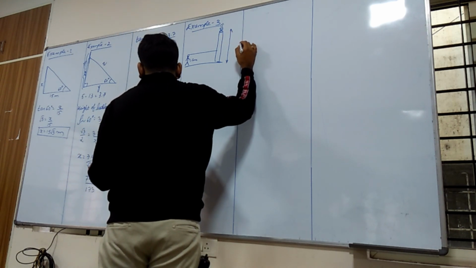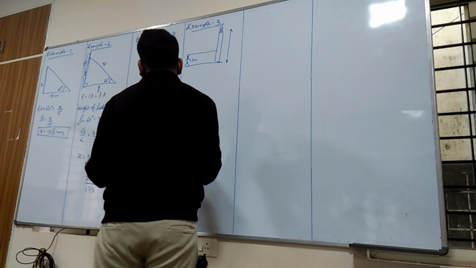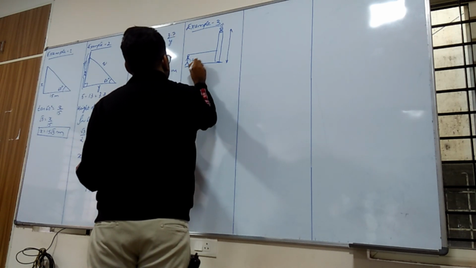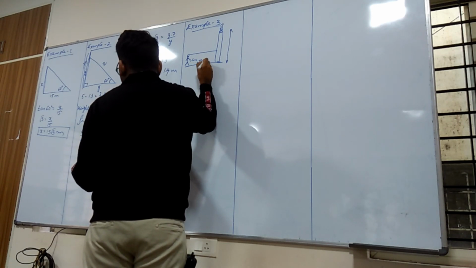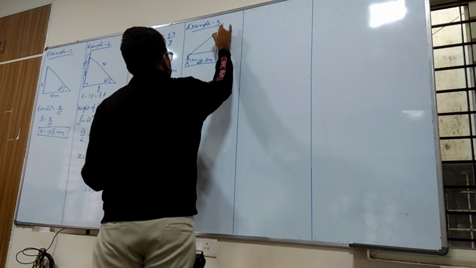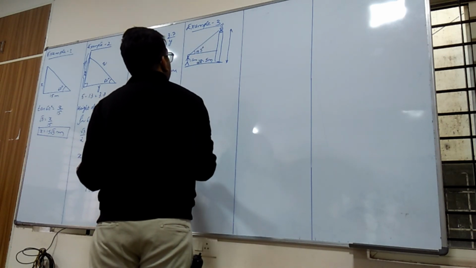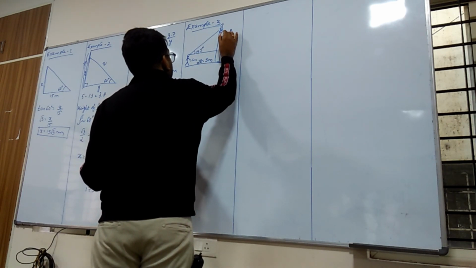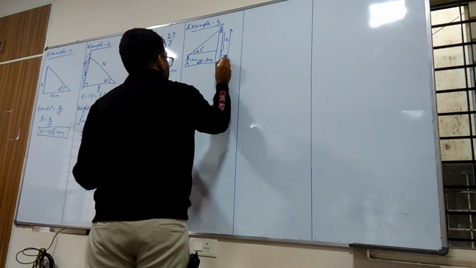They have also given the distance between the person and the chimney as 28.5 meters, and the angle of elevation to be 45 degrees. Find out this part alone, and then add 1.5.